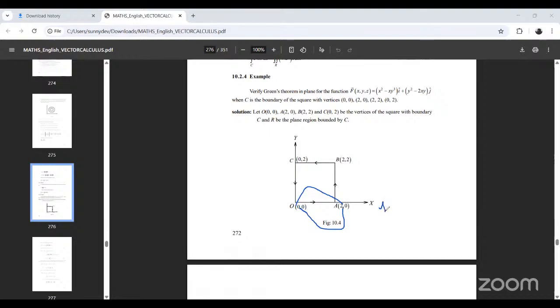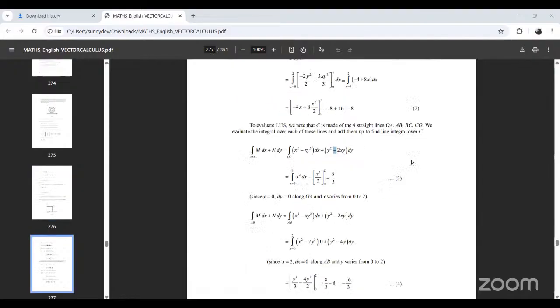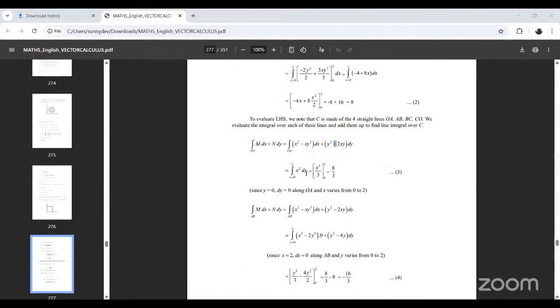So we can write y equals 0. If we substitute y equals 0, the y terms become 0, and only x squared dx remains. Then we integrate, that becomes x cubed by 3, apply the limit 0 to 2. So that is 8 by 3.